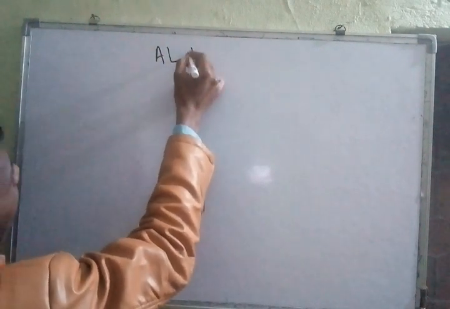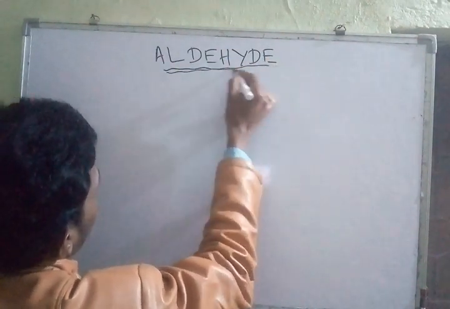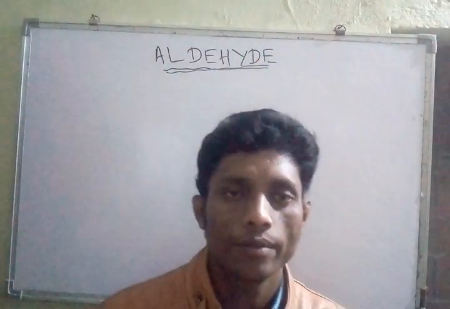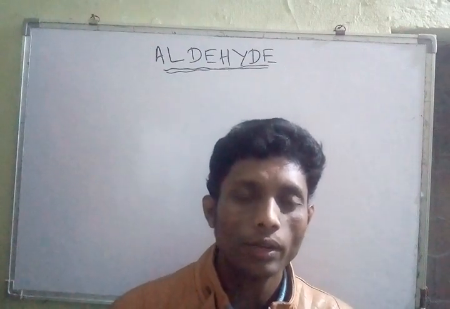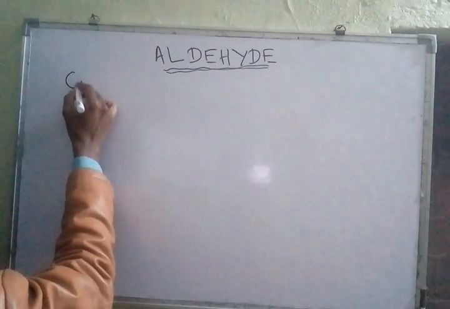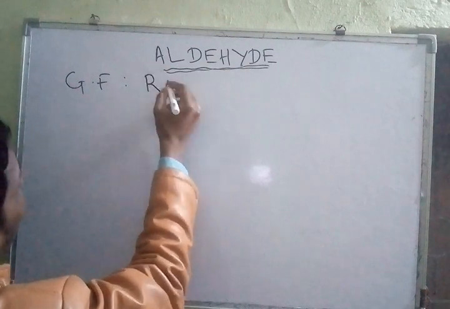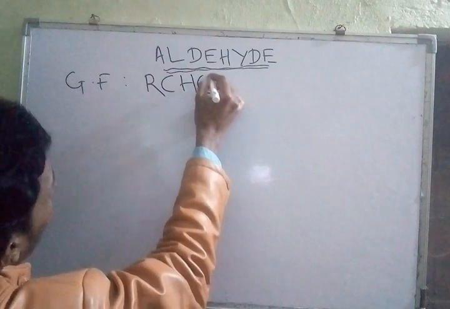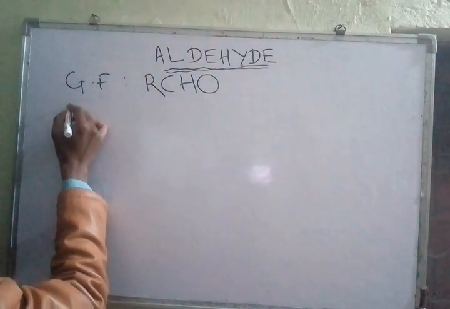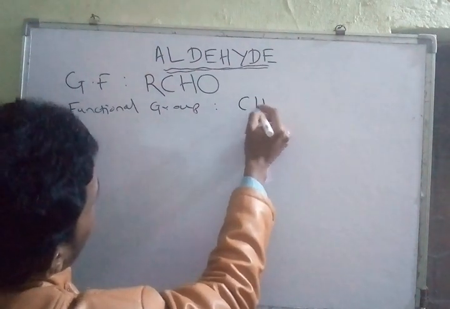Today we are going to discuss the basic concept of chemistry, that is aldehyde. So let's discuss the aldehyde compounds. First of all, we'll have to know the general formula of the aldehyde compound, that is RCHO. The functional group, or FG, is CHO.